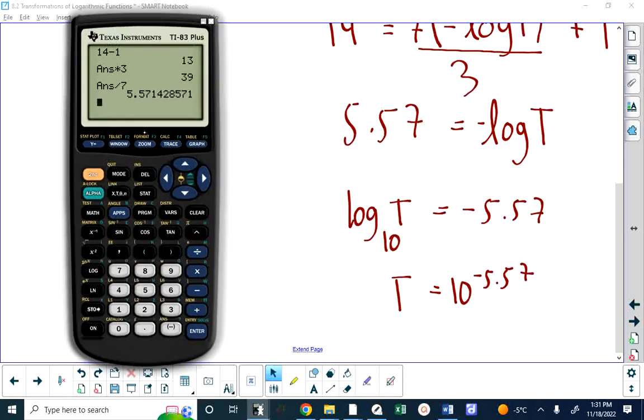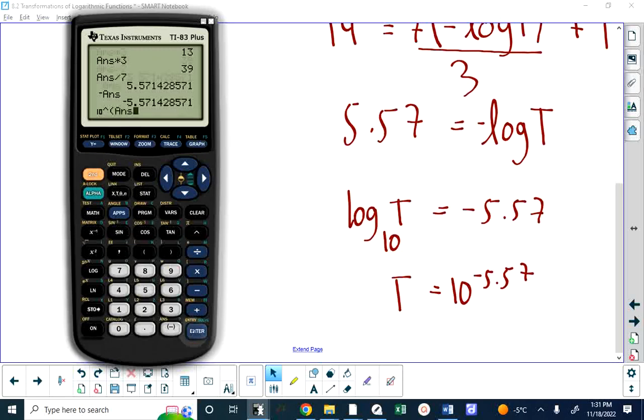Interestingly enough, I could, here's my negative 5.57, I could go 10 raised to my answer, couldn't I? But instead, I can go inverse log and look what pops up. To get rid of sine, you go second sine. To get rid of log, you go second log.